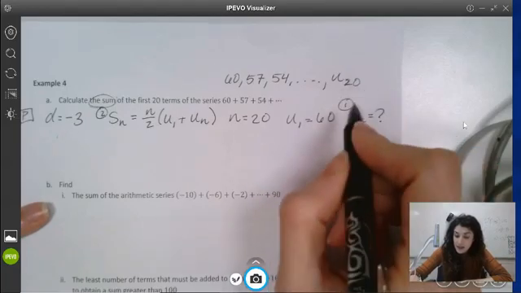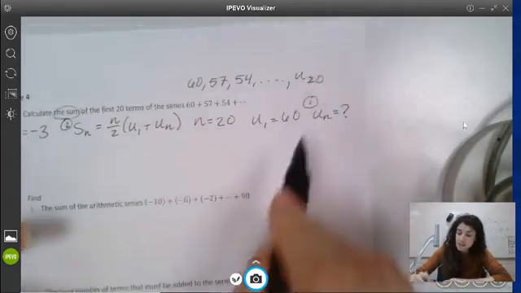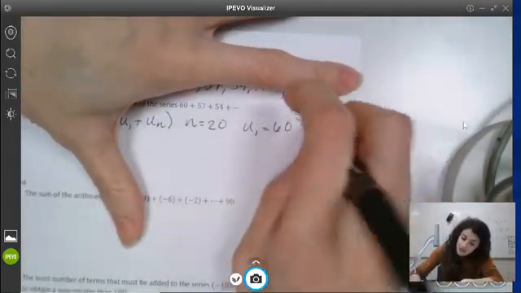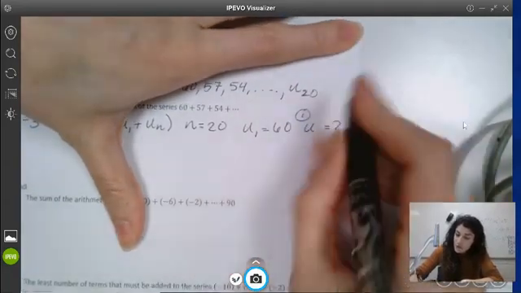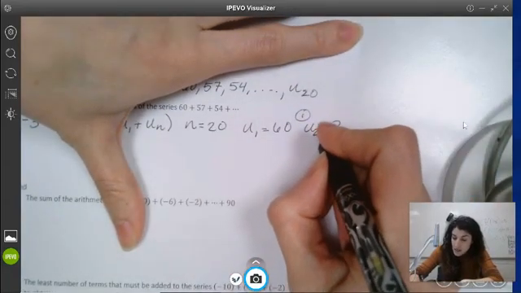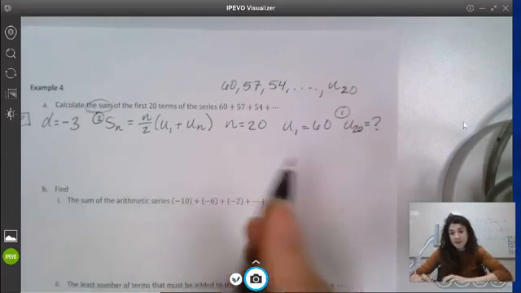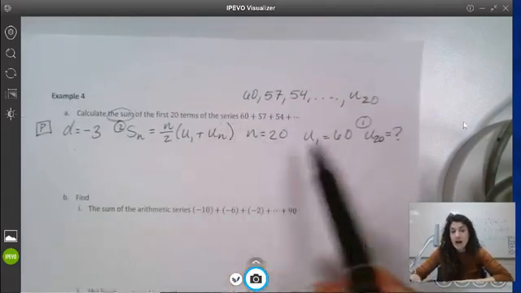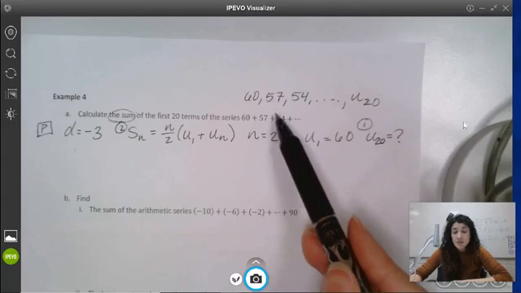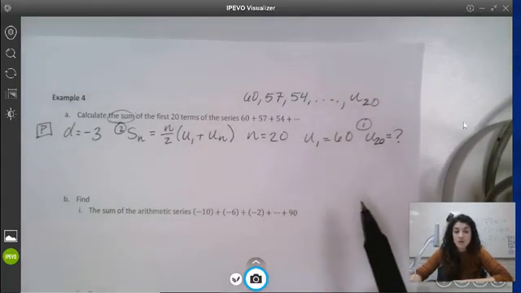In order to find the 20th term, the last term, we need to use the formula to figure out what the 20th term is. I don't want to subtract 3 18 more times.